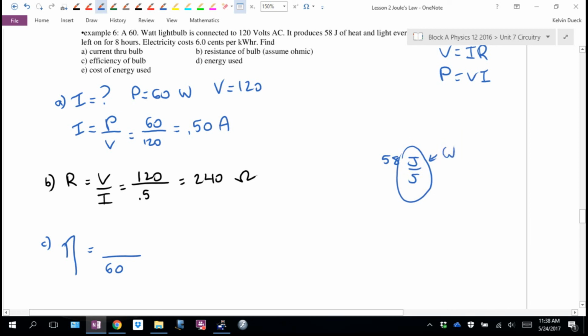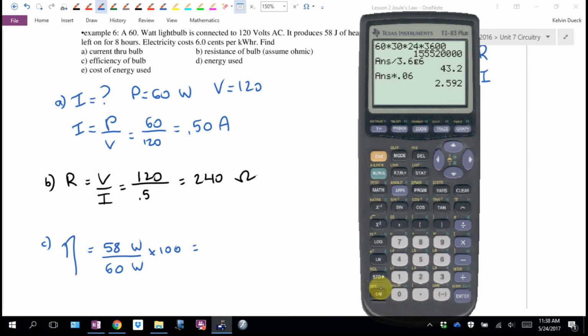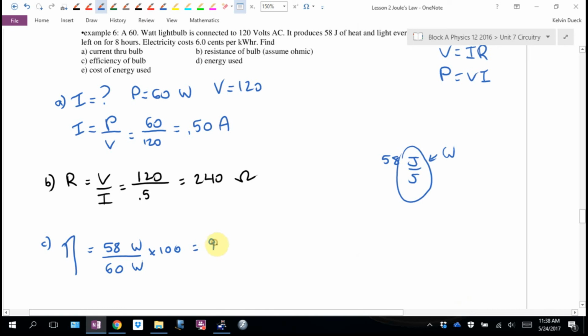A joule per second, that was the definition of a watt. So even though they didn't say 58 watts, because it's joules per second, that is watts. And so I can put watts divided by watts. I am matching the units. And then I'll multiply by 100 to get it to a percent. And I get this light bulb is about 97% efficient, 96.7%.